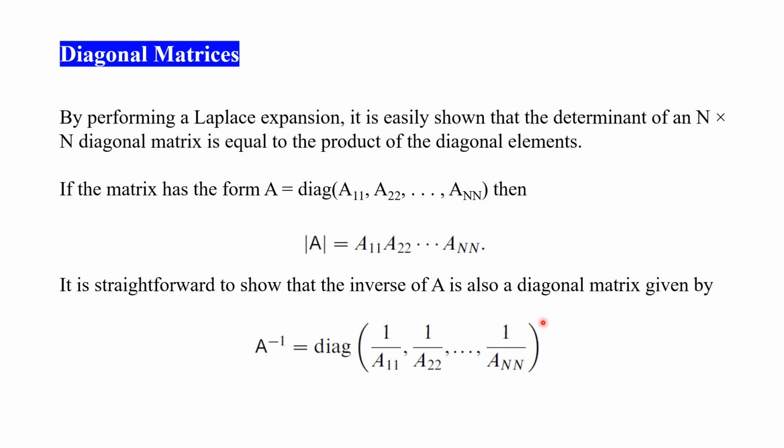The inverse of A is just equal to the diagonal of 1 over A11, then 1 over A22, up to 1 over ANN. So to find the inverse of a diagonal matrix, you just need to get the reciprocal of each element of the diagonal.